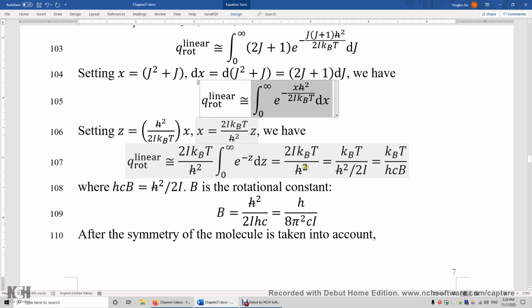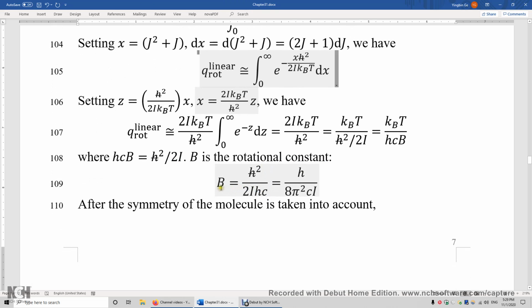But very often, we write this linear rotational partition function in this form, kBT over hcB. So hcB is equal to h bar squared over 2I. And this B is just defined this way. B is called the rotational constant. The expression of B is this. We move this hc to the right-hand side.